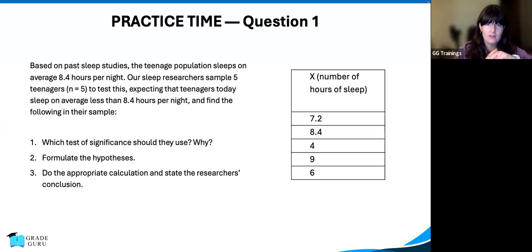You can even see from the text that based on prior knowledge, we know that the average sleep is 8.4 hours. And we think today that it's going to be less than 8.4 hours on average. So what are we doing? We're testing a new sample mean against an old population mean. Alrighty, go for it. Answer the question.